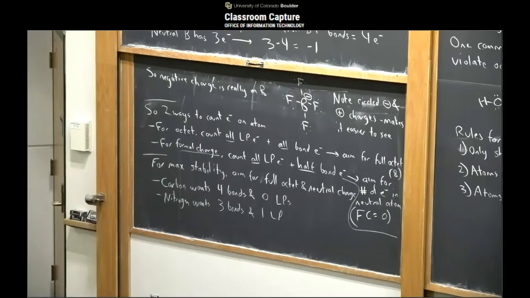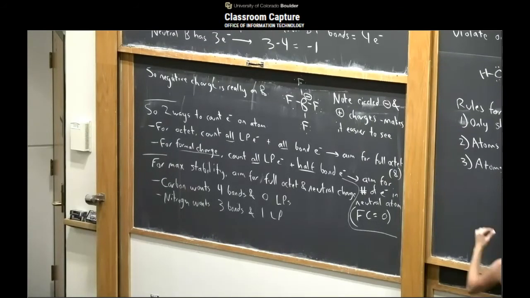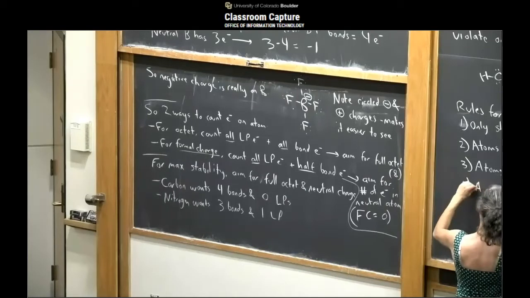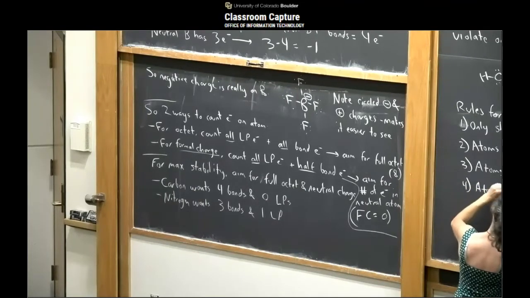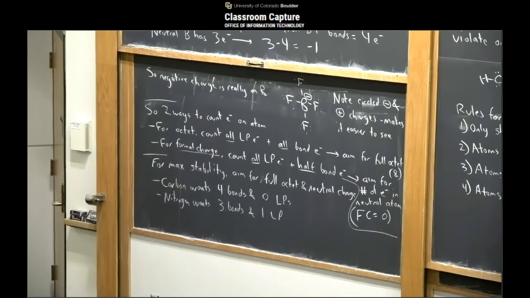Atoms in the third row or below can have more than 8.